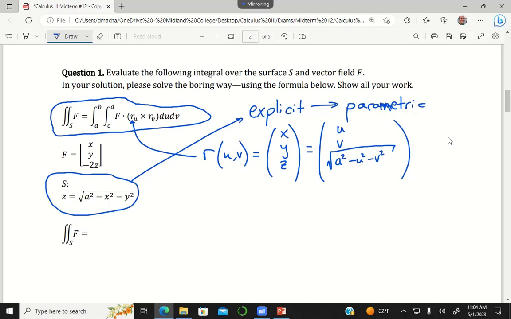But to use my formula, I need, of course, the little lowercase r partial derivative with respect to u. And so that is going to be a three-dimensional vector. And of course, the first entry is 1, the second entry is 0, and then the third entry, when you look at that square root radical and you take the partial with respect to u, that's going to be negative u divided by the square root of a squared minus u squared minus v squared.